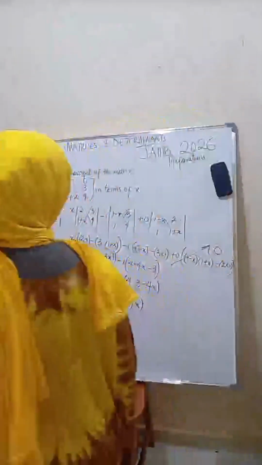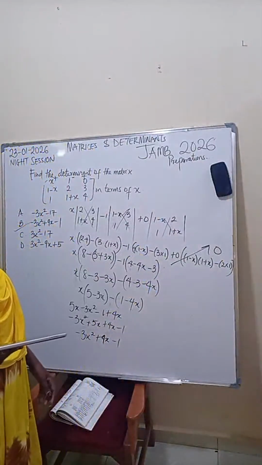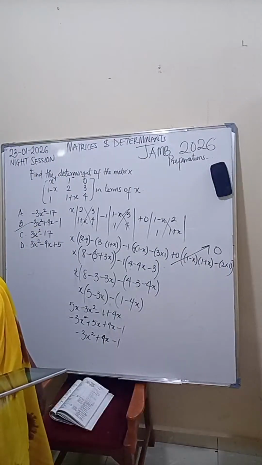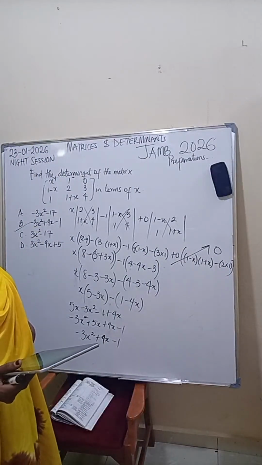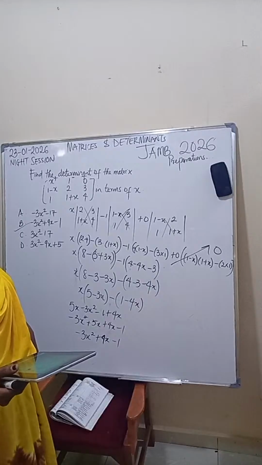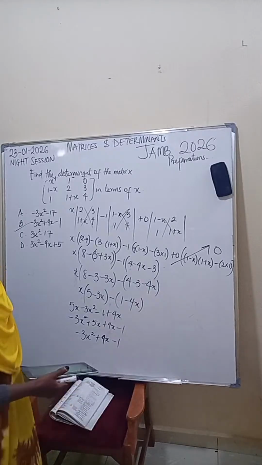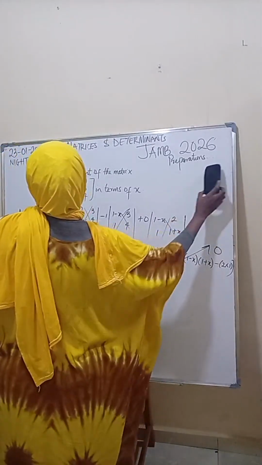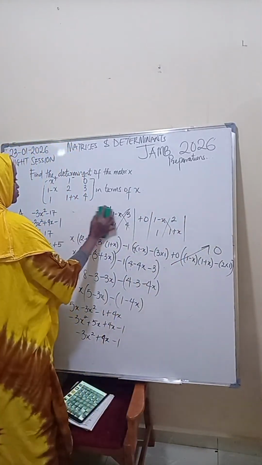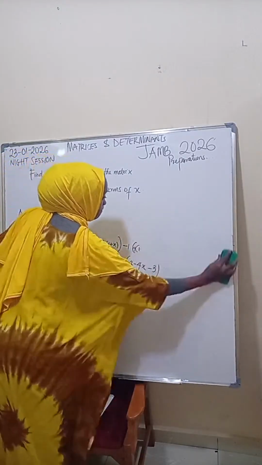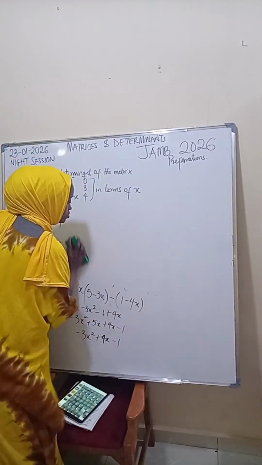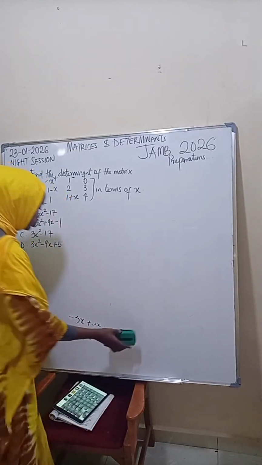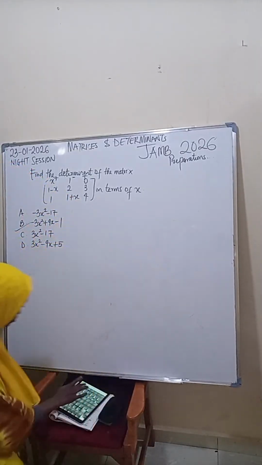Okay, so are you talking about the same question or the previous one we solved? Okay. So I should clean the board, right? Okay. And the options, right? Hey, I didn't even take a shot of this. Forgot it.